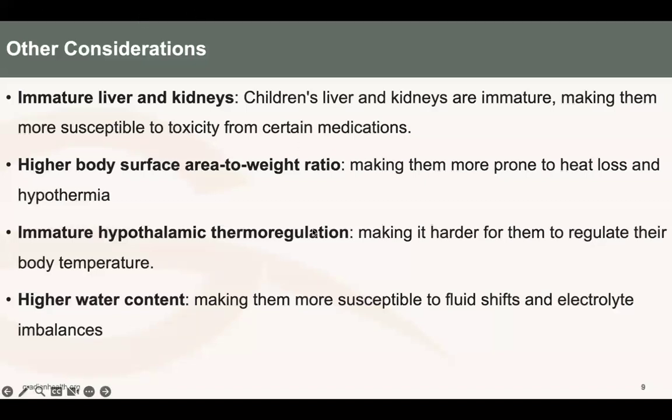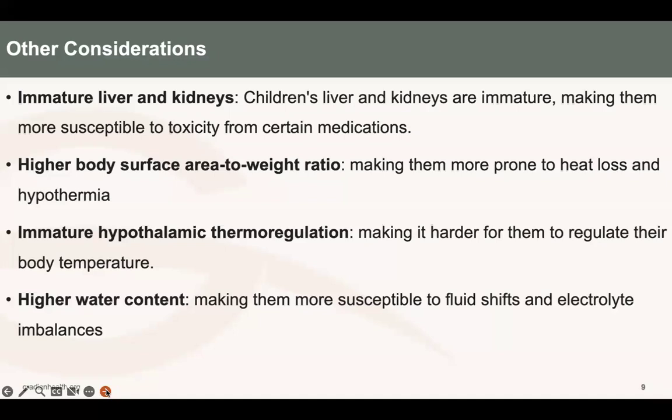It's almost as though their body surface area is more exposed, if we can think of it that way. Yeah. So they are prone to losing heat quite fast. Right. And so when we are taking care of them, we must make sure that they are well protected.